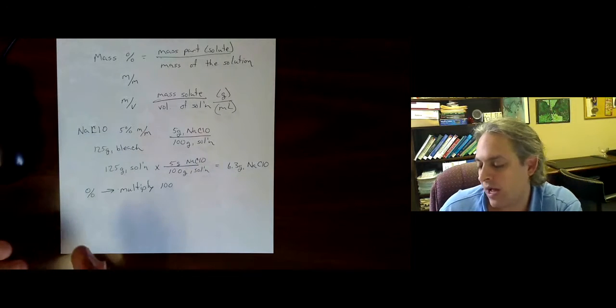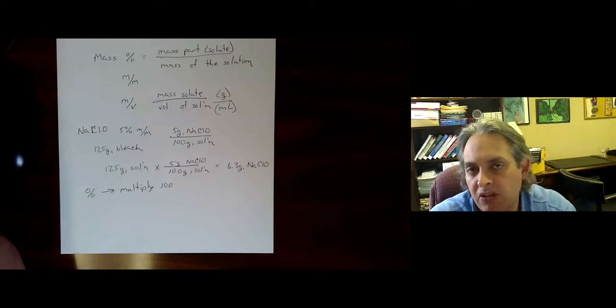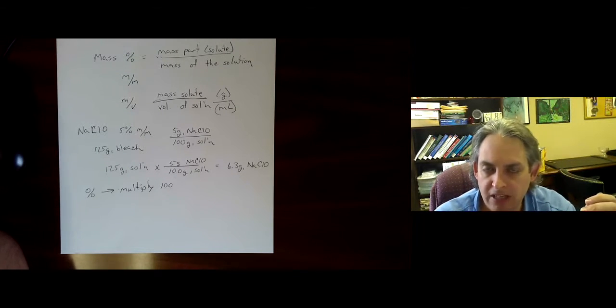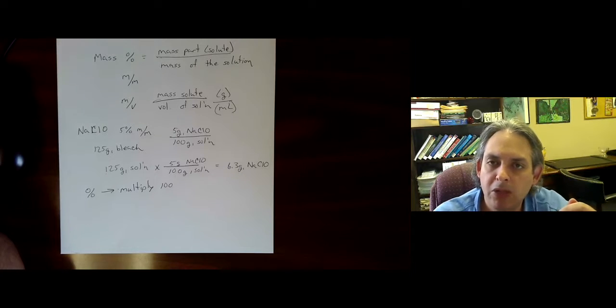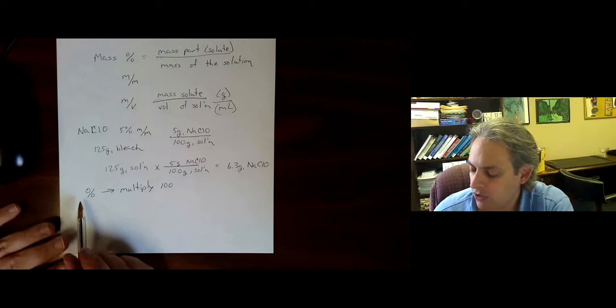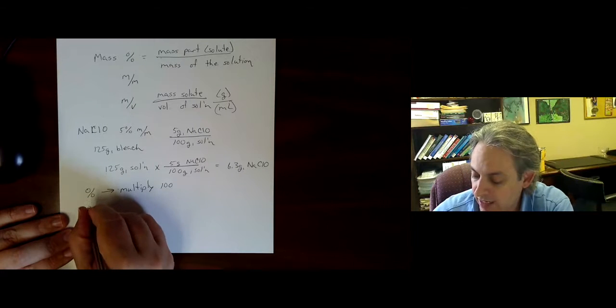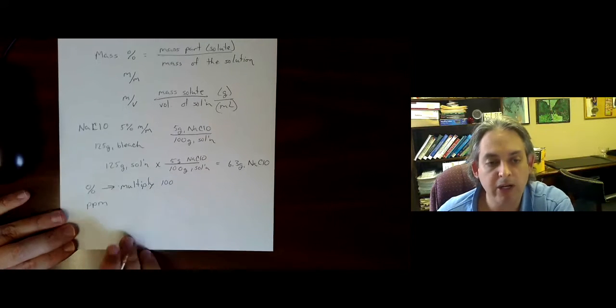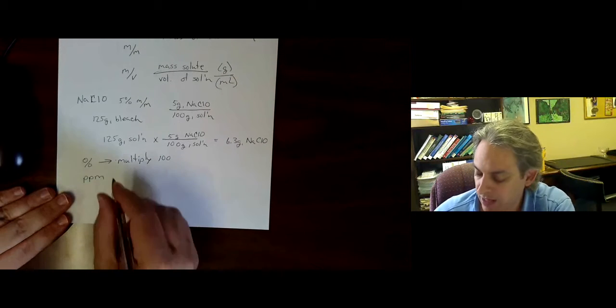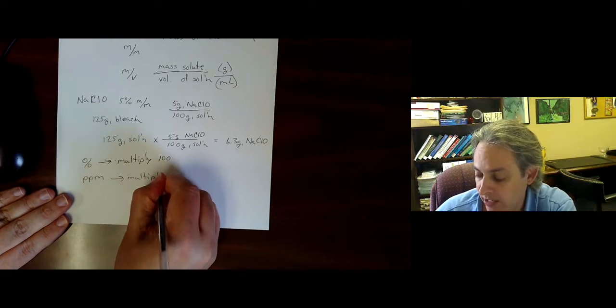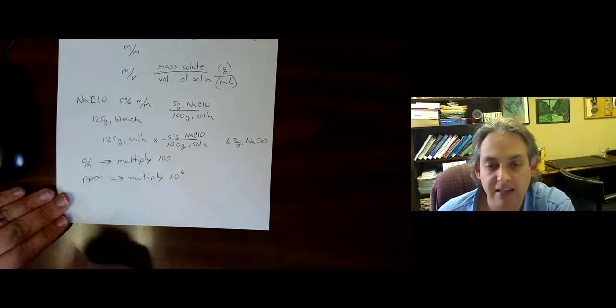Another way of dealing with percentages that are really low, we have a different set of units besides percentages. We have what we call parts per million and parts per billion. So if percentage is multiplying by 100, then parts per million, which we abbreviate as ppm, is simply multiplying by 1 million, which is 10 to the 6.